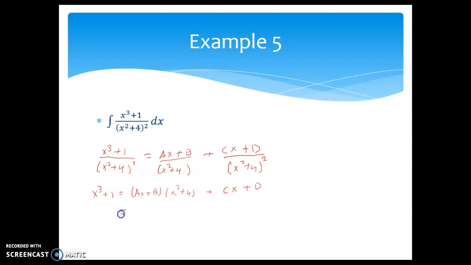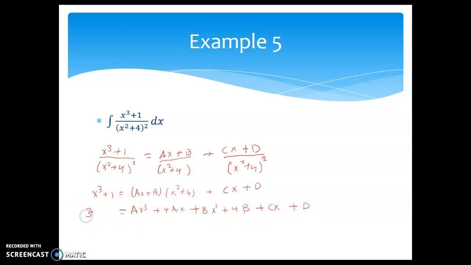That would be equal to ax cubed plus 4ax plus bx squared plus 4b plus cx plus d.